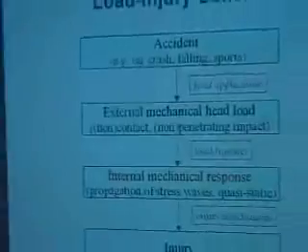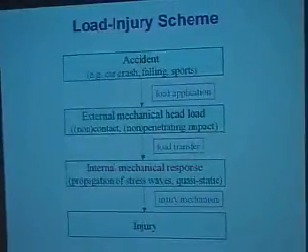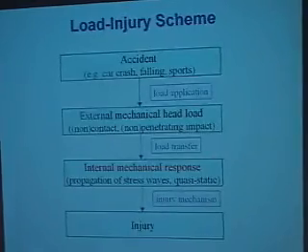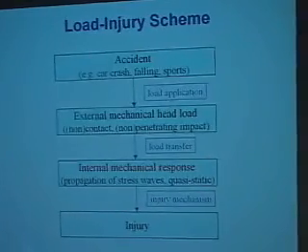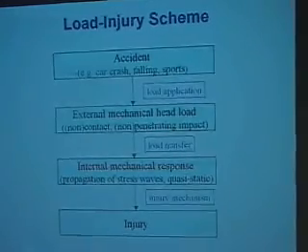Contact type is that you actually hit something. Non-contact type is that your head moves very fast, but it doesn't really hit anything. But since it moves so fast, the brain gets displaced, and again the brain gets hit on the inside of the skull, and that also causes damage. For the impact types, we have the penetrating impact, where, say, a bullet hits your head, or the non-penetrating type like a bat.